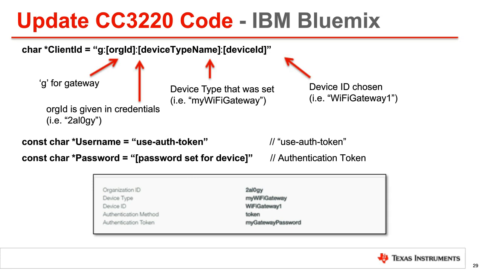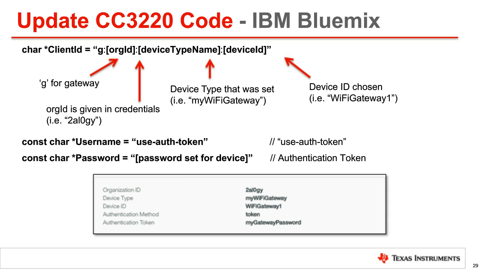You can see here we'll start with a G for the gateway, and then that will be followed by the org ID that was given for our organization we set up. Then we'll add the device type name that we added. In this case, it was My Wi-Fi Gateway. And finally, we'll give the exact device ID of the device we're using. In this case, it's Wi-Fi Gateway 1.